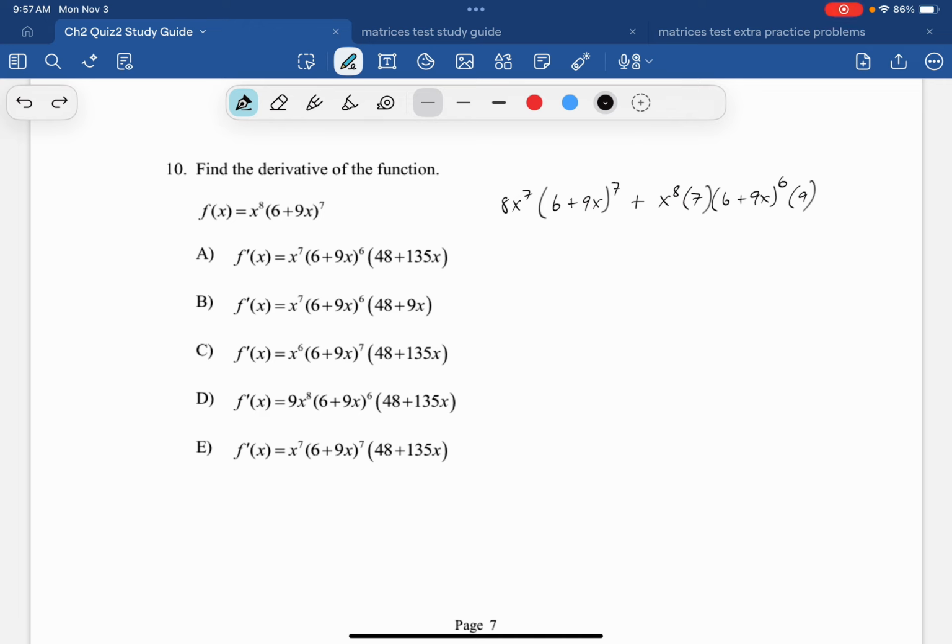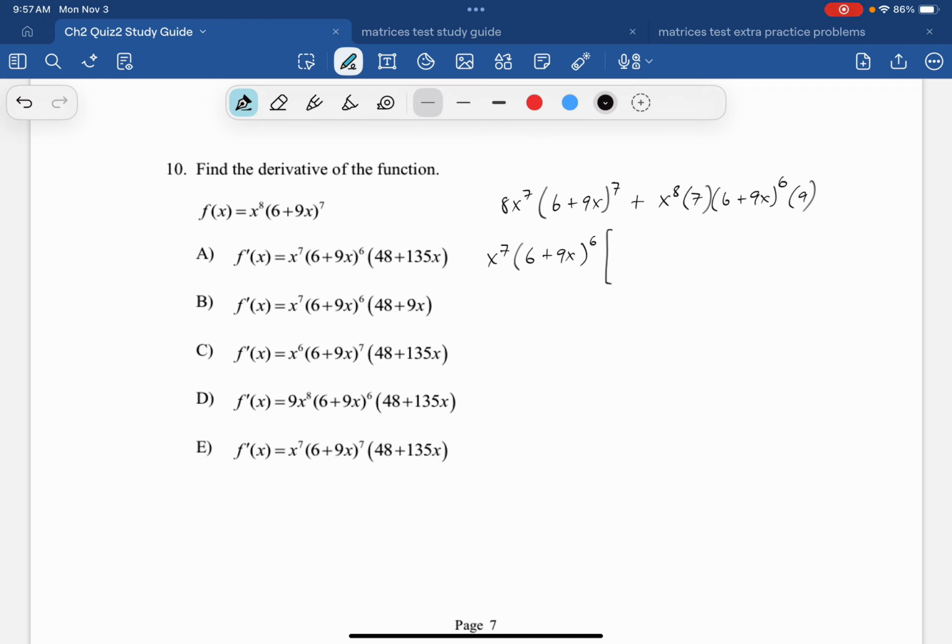Okay, so here's what that's going to look like. x to the 7th times 6 plus 9x to the power of 6 is their greatest common factor, right? And then I'm going to see what remains after I factor this from both terms here.